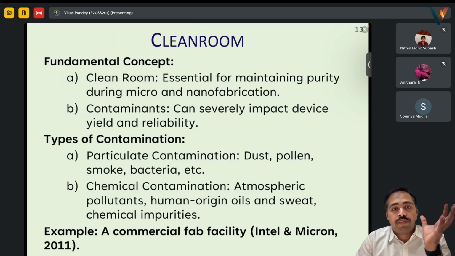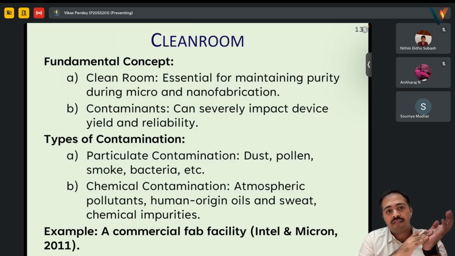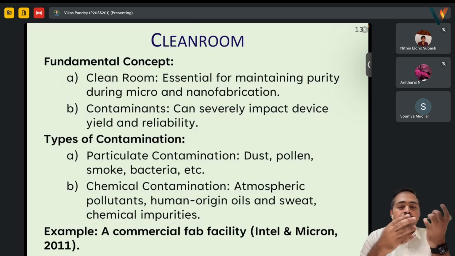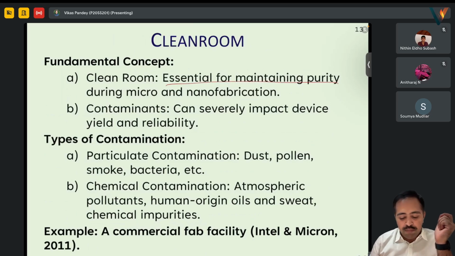So, clean room is the place where we will start this whole process. First thing is that we want to clean it, and it cannot be done in an unclean environment. So, we go for something called a clean room. Okay. It is very essential to maintain purity during micro and nanofabrication.